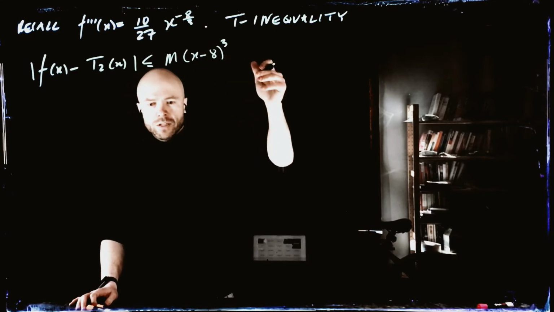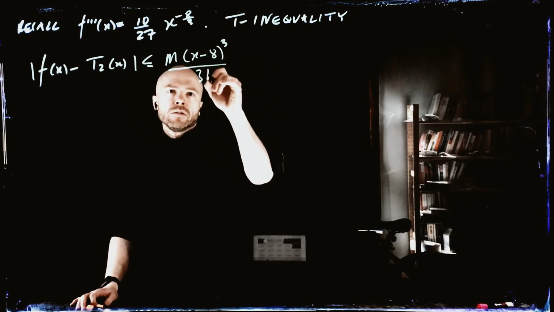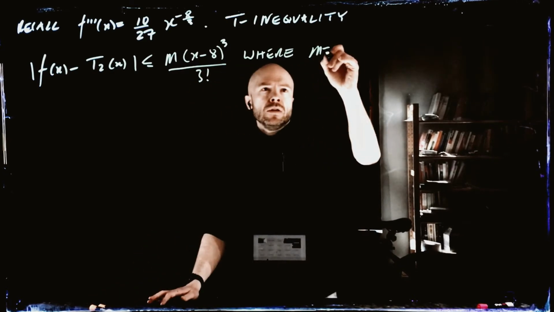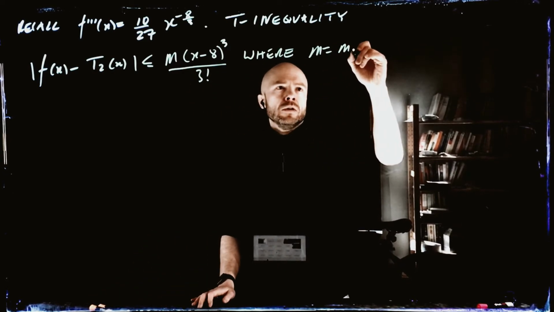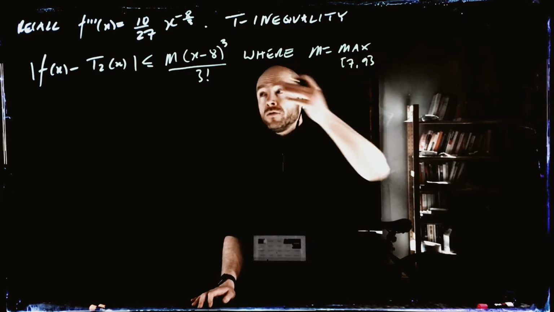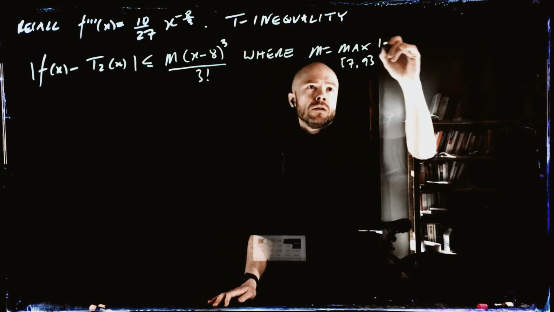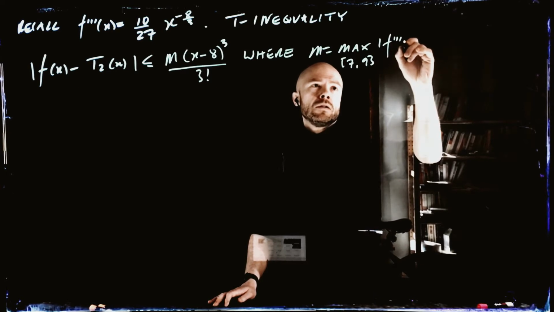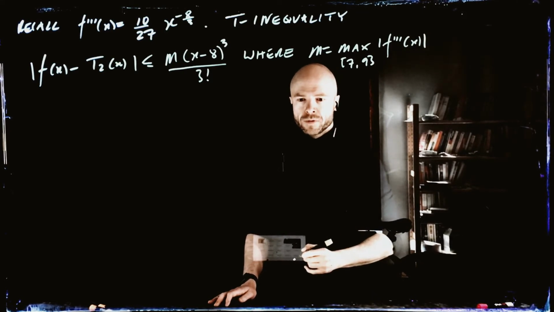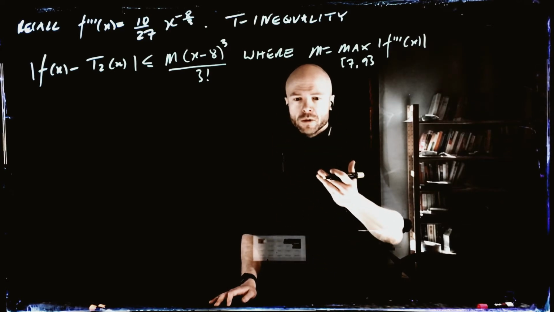It's the n plus 1, over 3 factorial, where m is equal to the maximum over the interval, which is 7 to 9, of this third derivative. Yeah, that's what Taylor's inequality tells us.